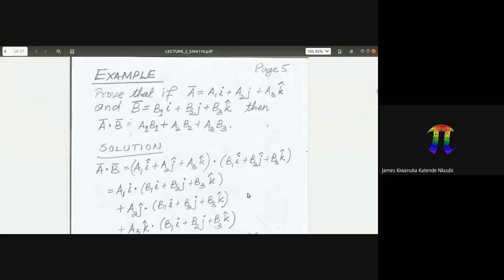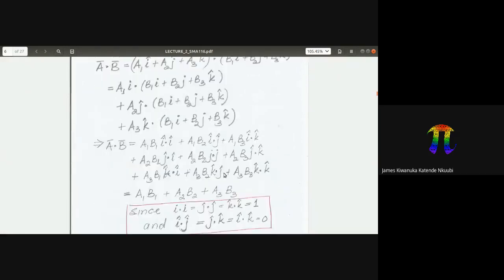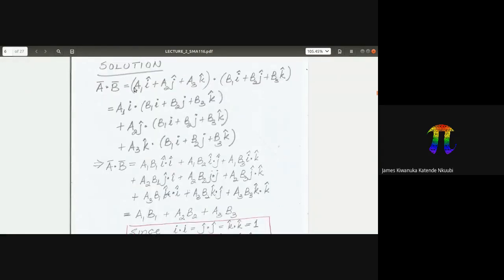So the way to do that is simply do a direct computation. Just do the substitution for A as this, and the substitution for B as B1 i, B2 j, and B3 k.